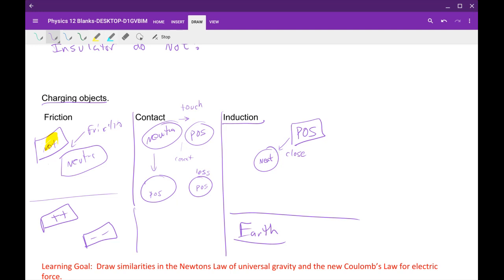And then all of a sudden, you take a wire and attach it to the ground. There's a bunch of electrons down here in the Earth. And since all the electrons in this thing are way up here, you basically have this positive area down here because all these electrons moved up.